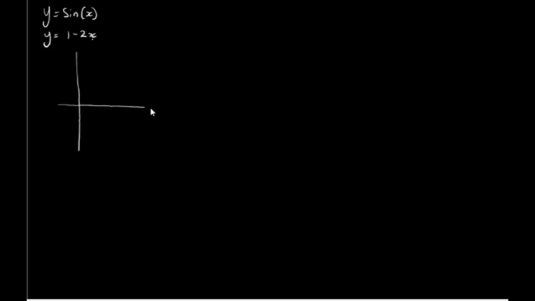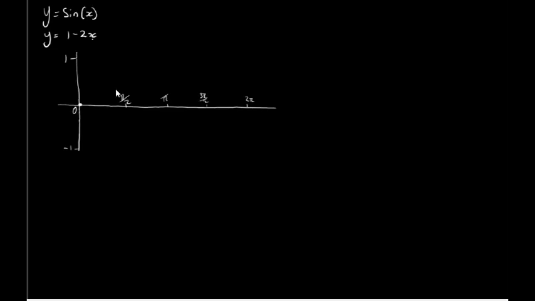So we've got our set of axes, sine of x. It hasn't been translated or dilated, so we simply start at 0. We're going to have an amplitude of 1 to -1, and we're going to go over the interval, say pi on 2, pi, 3 pi on 2, and then to 2 pi.